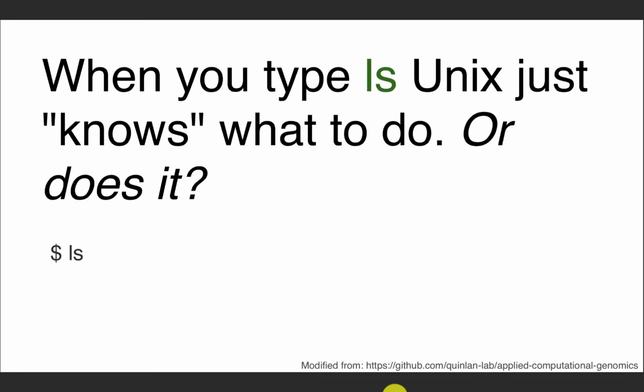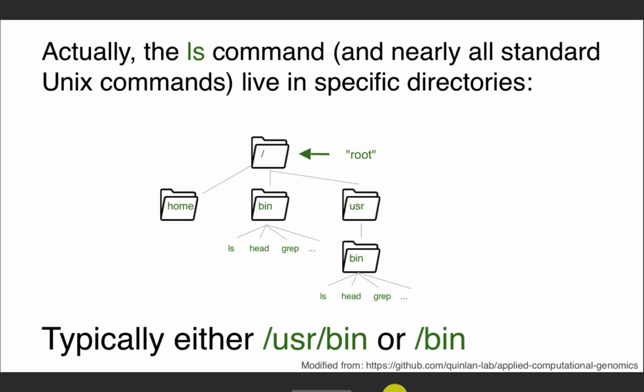So when you type ls in Unix or shell or bash, whatever you want to call it, it just knows what to do, right? If you type ls, you're going to get a list of directories. Now, I've alluded to this several times before, but these commands actually are told what to do by files that are housed in very specific directories.